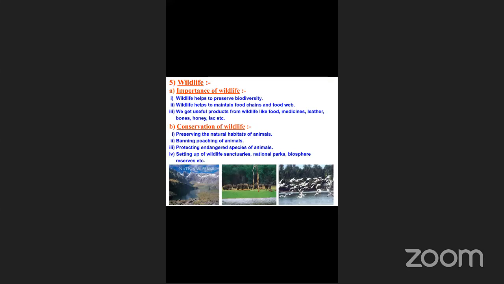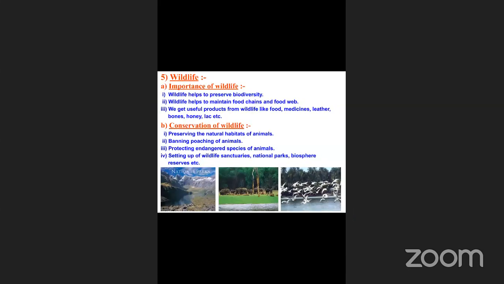Then we have to ban the poaching of animals and protect the endangered species of the animals. You know what do you mean by endangered species? Endangered species. What is the meaning of it?